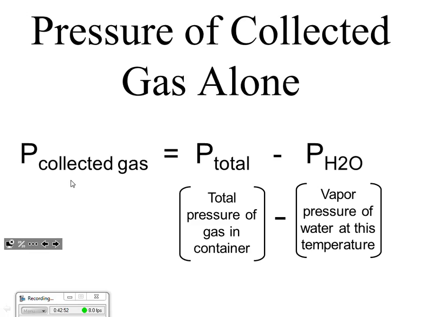What we will do when we do this lab later on is take the air pressure that we have in Salina, and we'll get that off of the Weather Channel later. I'll show you how to do that.